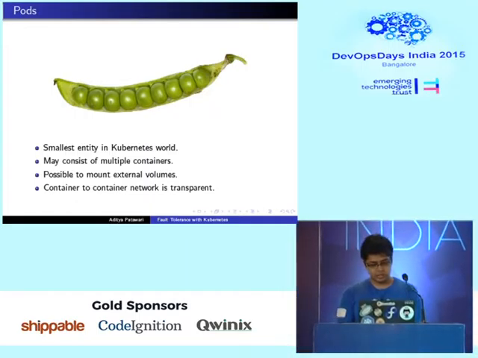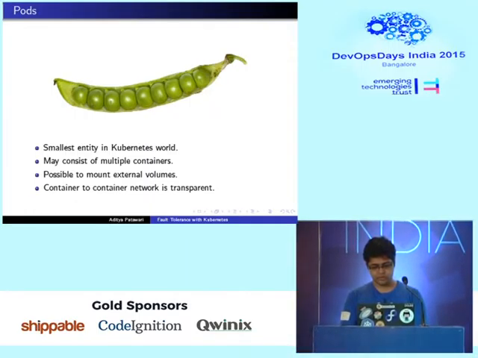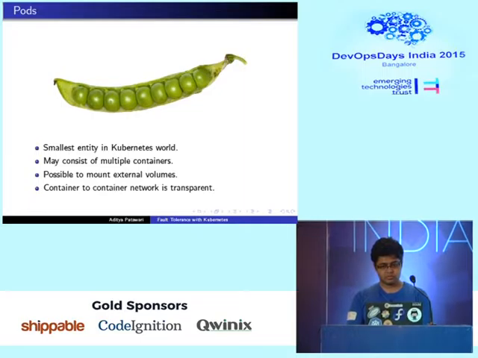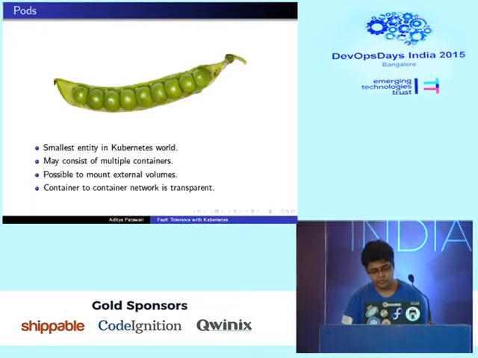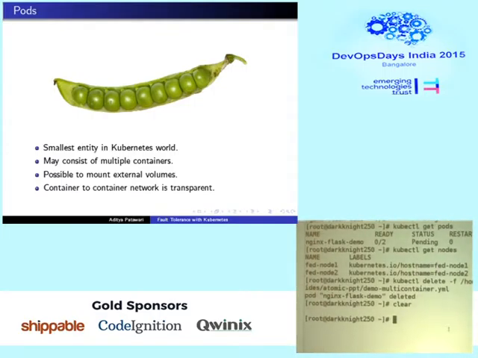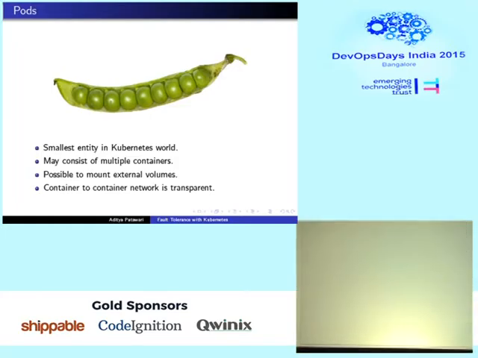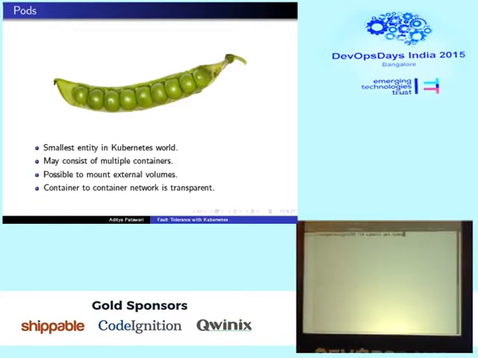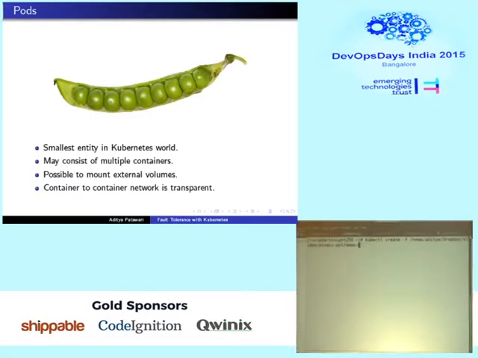So let's do that. First of all, we'll see. Okay, wrong terminal, wait. Not up yet. So, alright, never mind. Till that time, I'm going to delete my pod and run the replication controller. So let's create the replication controller definition which we just saw.